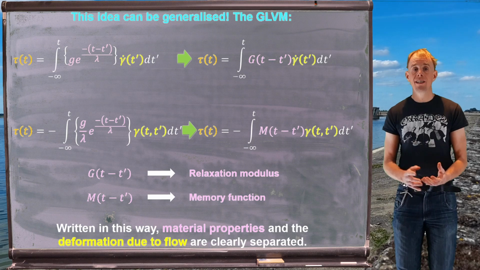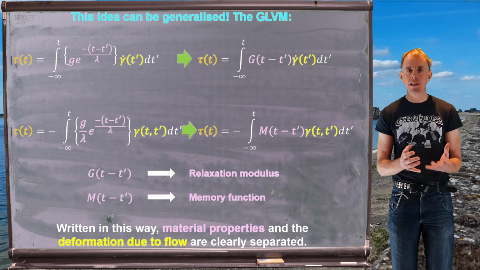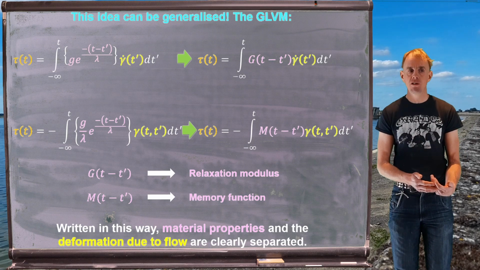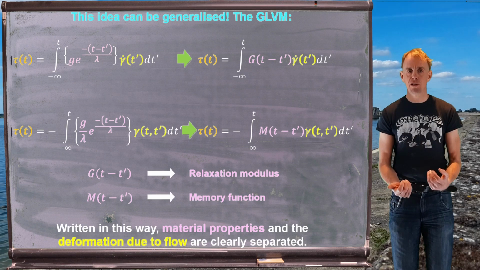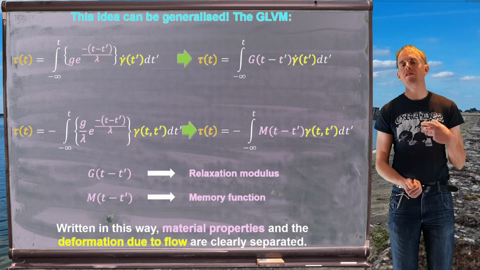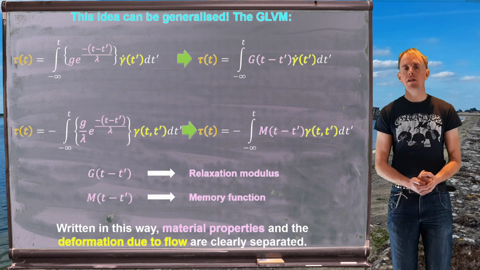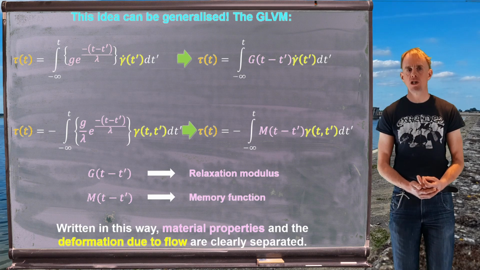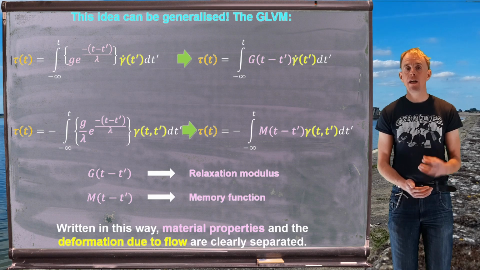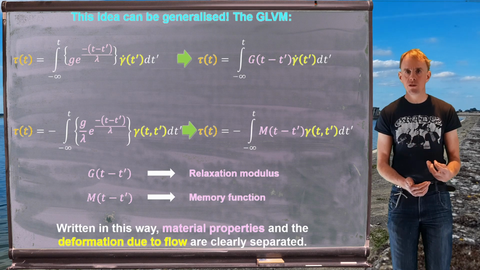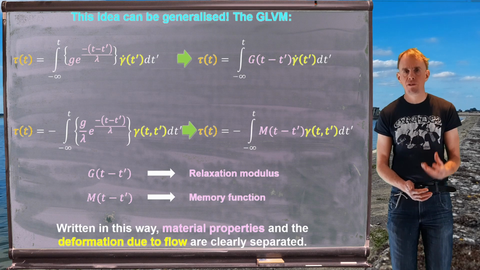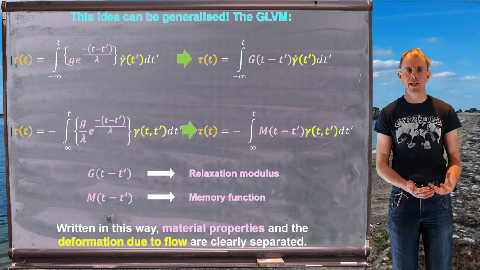And all we've done here really is formalize that split between material properties and the deformation due to flow. But of course what this allows us to do is to write different expressions for our relaxation modulus and our memory function for different constitutive laws that involve slightly different physical descriptions of how materials behave.